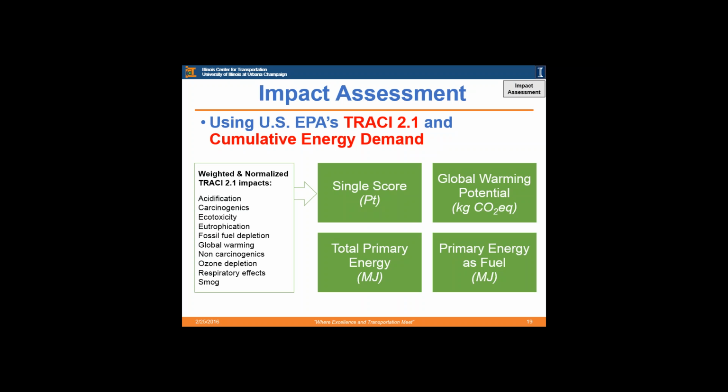We look at total primary energy as well as primary energy as fuel. The difference is that total primary energy includes what's often known as feedstock energy, for example, from plastic material and asphalt binder, because that includes oil and fuel products but is not actually used as a fuel, so it has embodied energy within it.